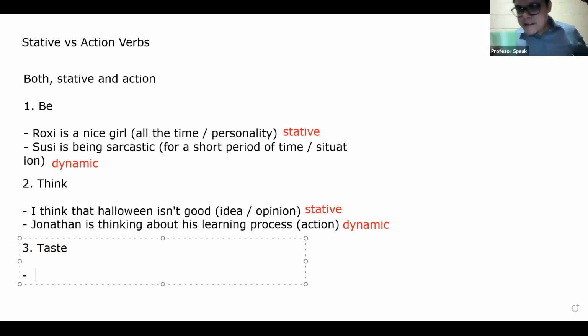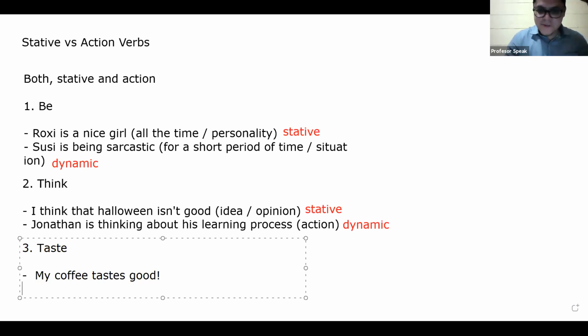So if I do this, it tastes good. My coffee tastes good. So I smell my coffee. So I can say my coffee tastes good. All right. I'm not drinking. I'm just smelling. So it tastes good. All right.